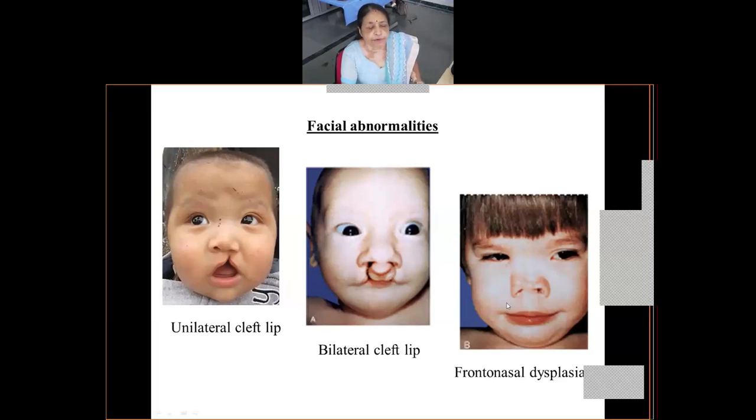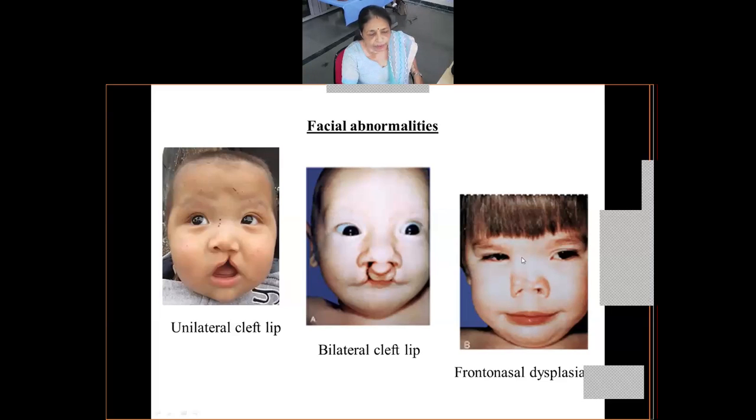Sometimes the frontonasal process is deficient, so the bridge and root of the nose will not be there, but the crest is formed, though that is also not very clear, and the tip of the nose is formed, because this is formed from the medial nasal and the lateral nasal process.